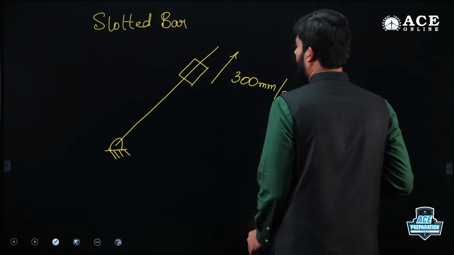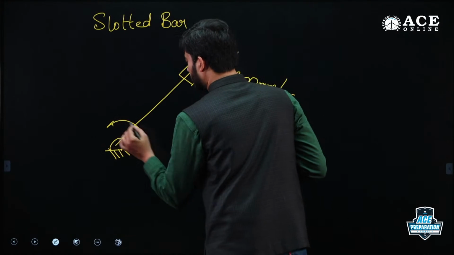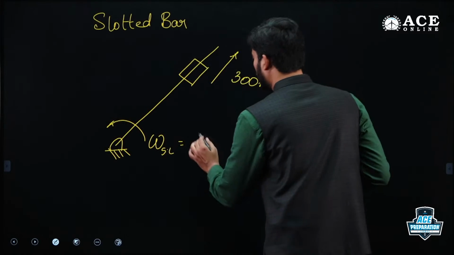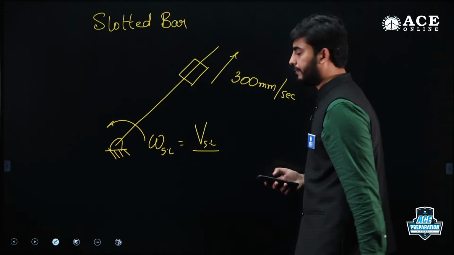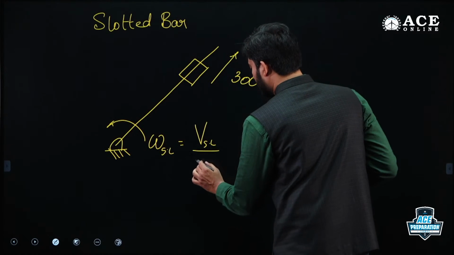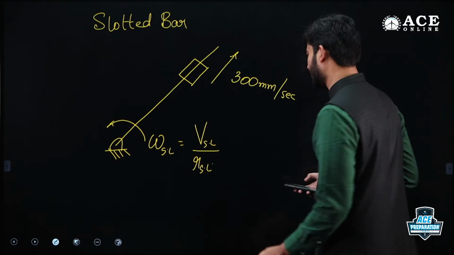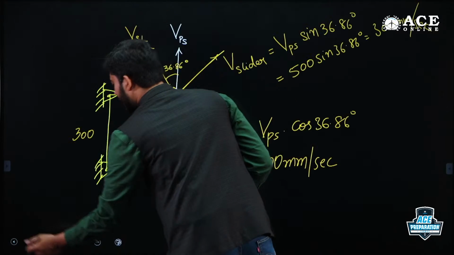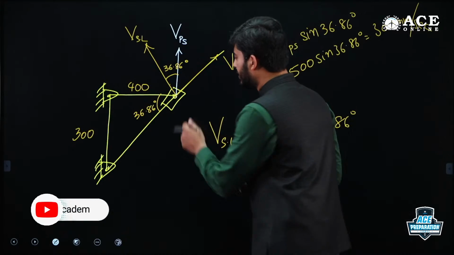Next is the angular velocity of the slotted bar. Omega SL will be equal to VSL by the radial location of the slider. What will be this dimension, guys?